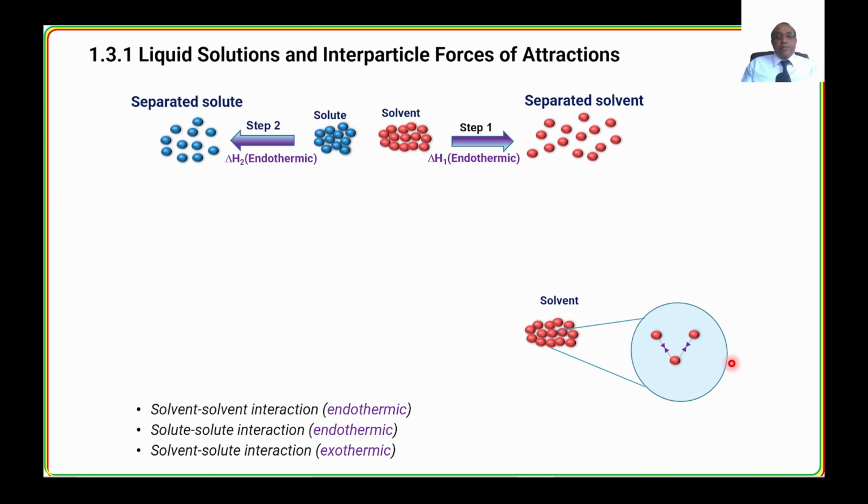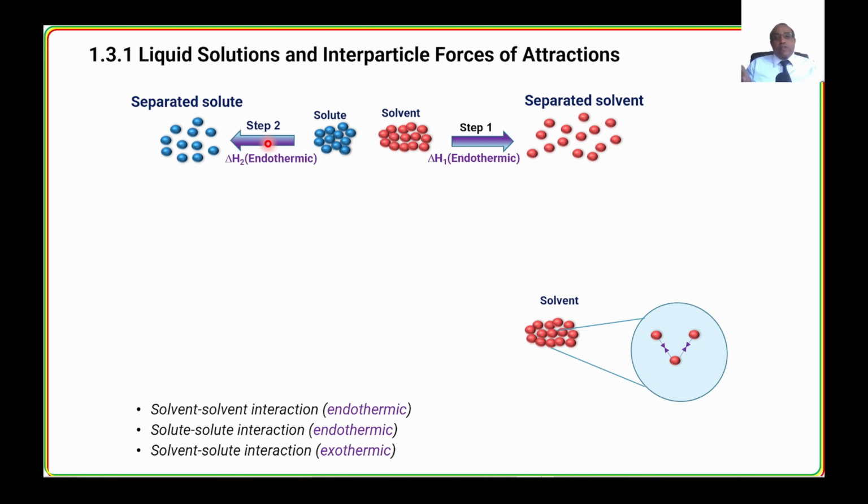The second step, we need to separate the solid particles by applying energy. This is an energy requiring process. We call it endothermic process. So in the first step we separated the solvent particles. In the second step we separated the solid particles.